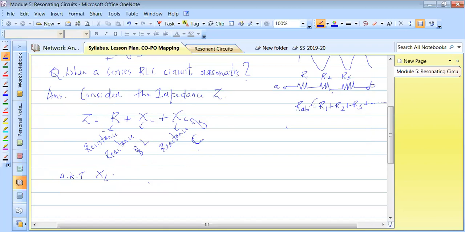Our XL, the reactance of the inductor, is given by j omega L. It's a reactive part, an imaginary part, a complex entity. That's why the j comes. Resistance is purely resistive, a real entity. What is real and imaginary? I'm talking about here: if you have a complex number, it is of the form A plus jB.